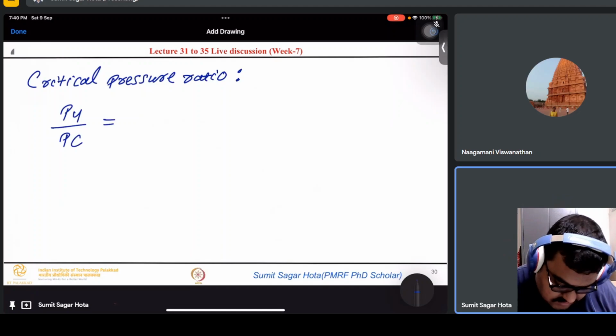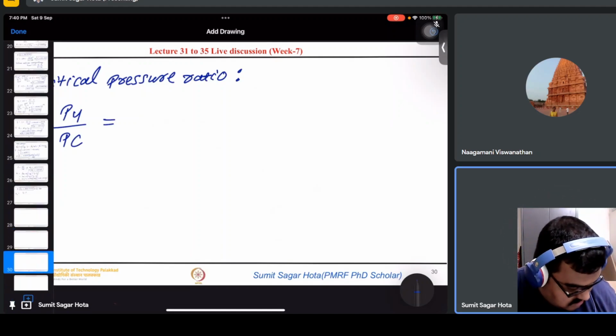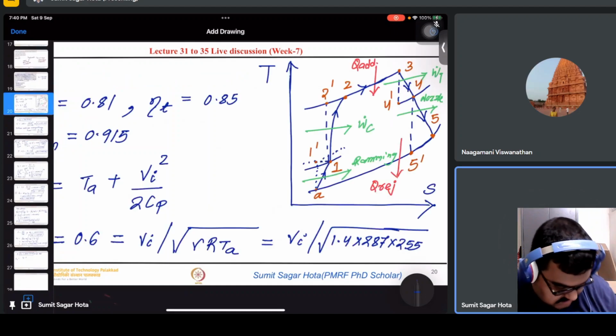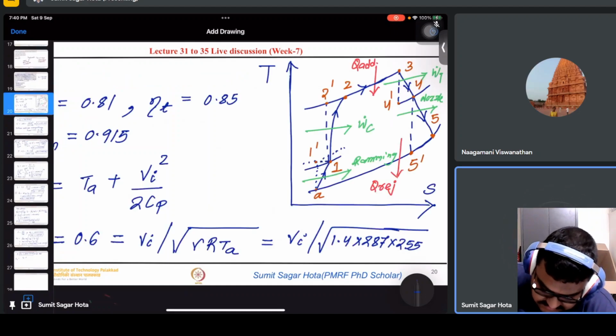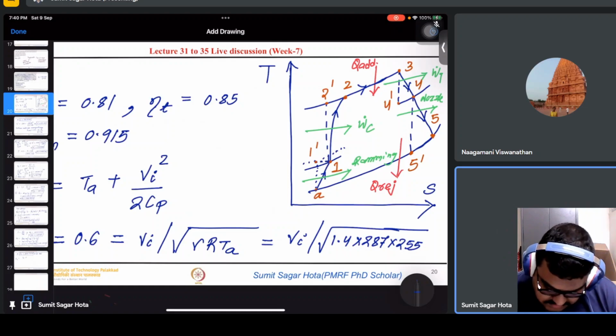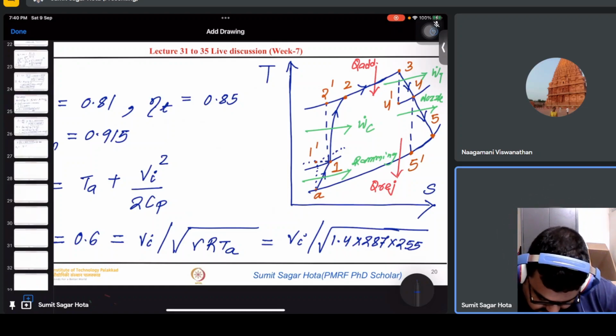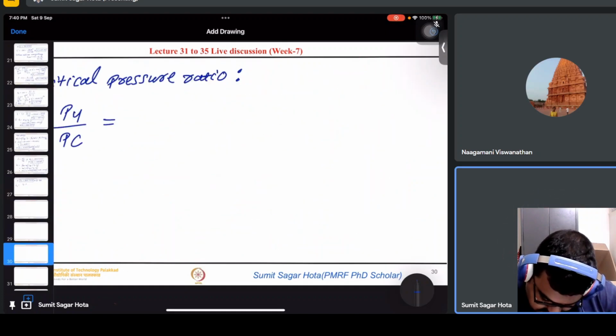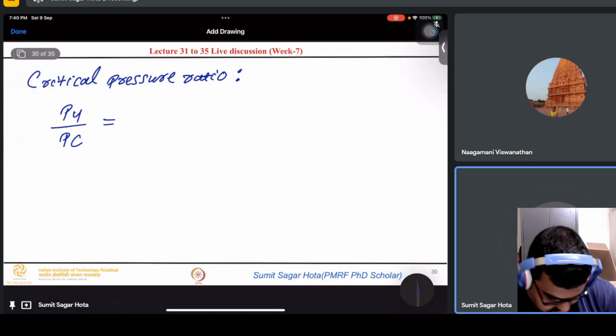Okay, where is P4 and where is PC? See, here is the P4 and here is the PC. Okay, C may be your P5. Okay, C may be critical. Okay, critical pressure. PC means critical. Okay, I don't mention where exactly it is.